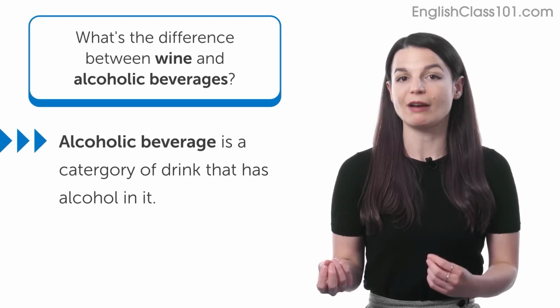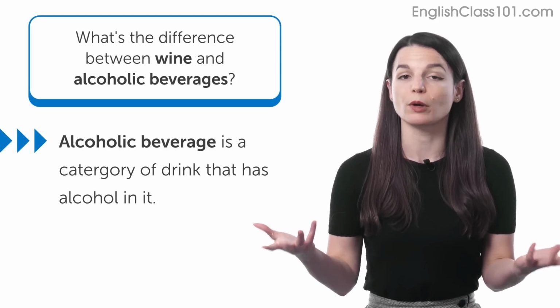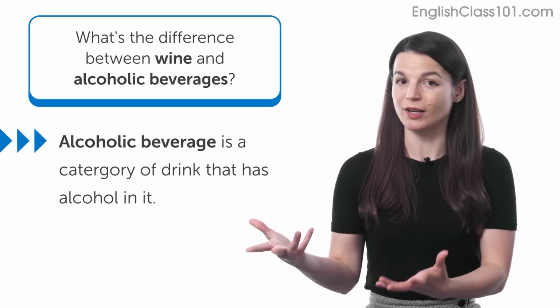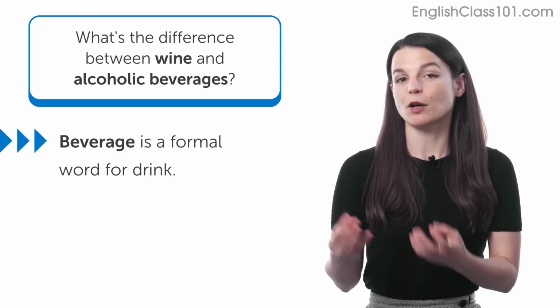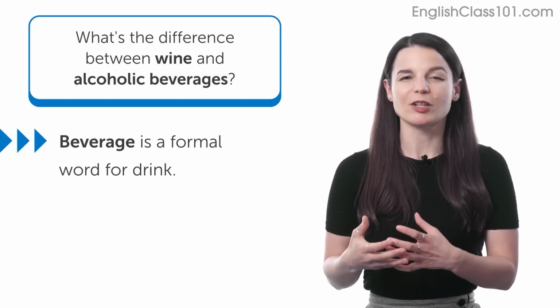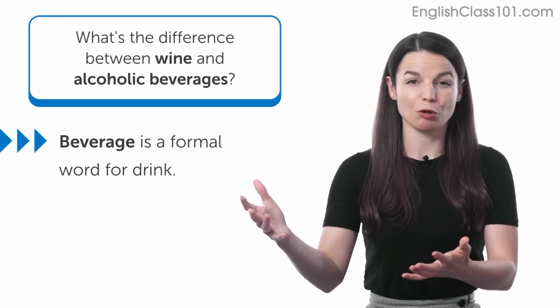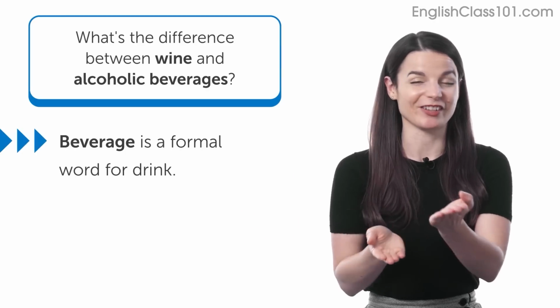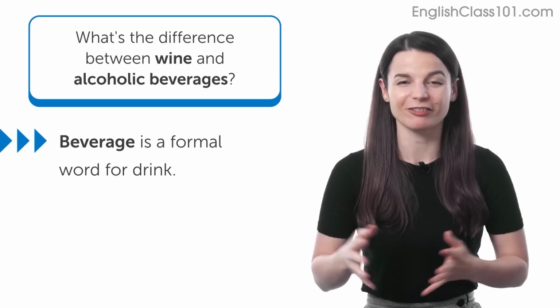So alcoholic beverages, this is a category of drink. An alcoholic beverage is a beverage or a drink that has alcohol in it. So beverage is a very formal word for drink. We use the expression beverage on like a menu or maybe on a contract, maybe on a shipping document if you're sending and receiving lots of drinks for your company, for example.